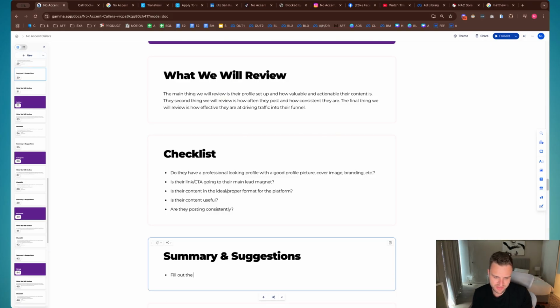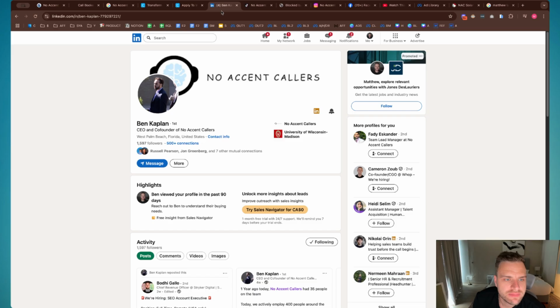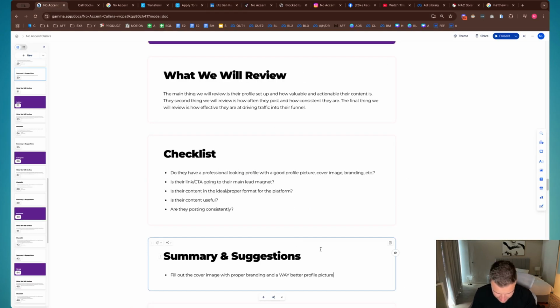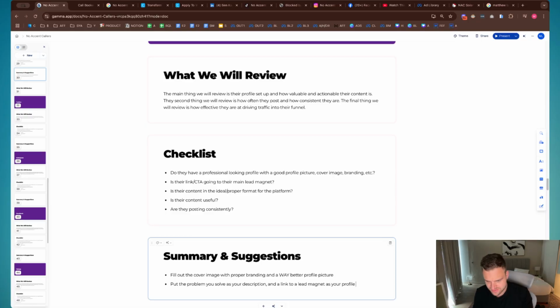Fill out the cover image with proper branding and a way better profile picture. It's not a very flattering profile picture for what we're trying to attract. Put the problem you solve as your description and a link to a lead magnet as your profile CTA.